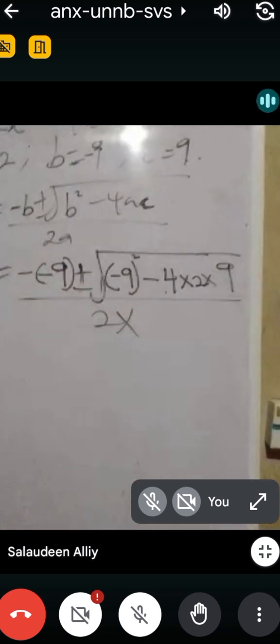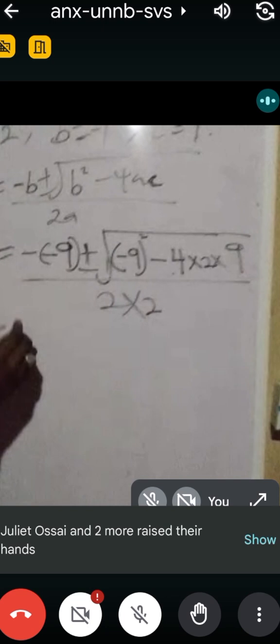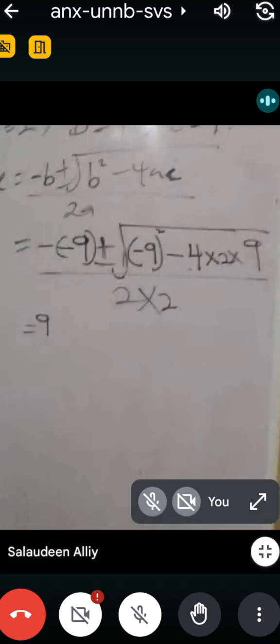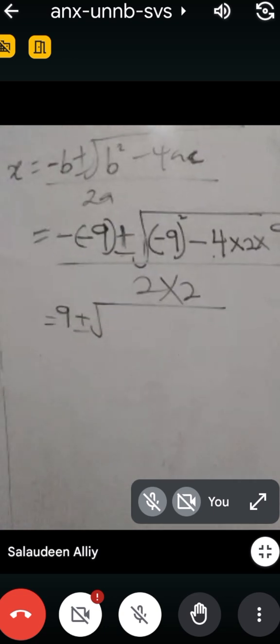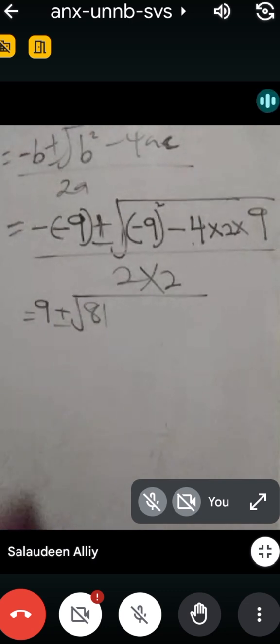So all over 2 times a, what is our a? 2. So doing the math here, I have minus times minus 9, that becomes plus 9. 9 plus or minus square root of b squared. That's minus 9 squared, guys. 81.